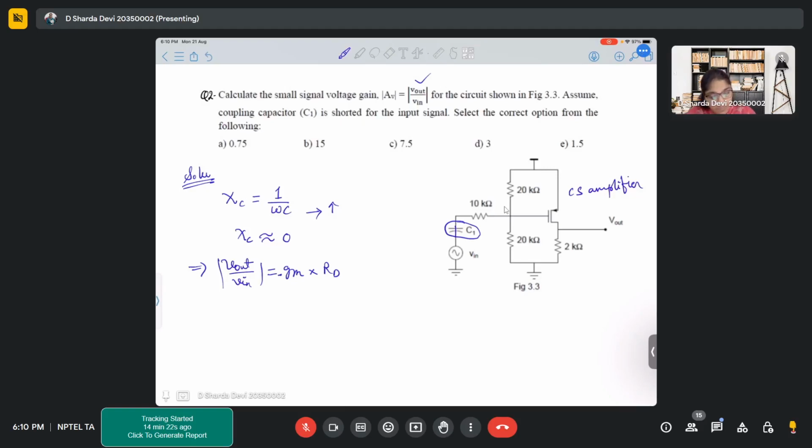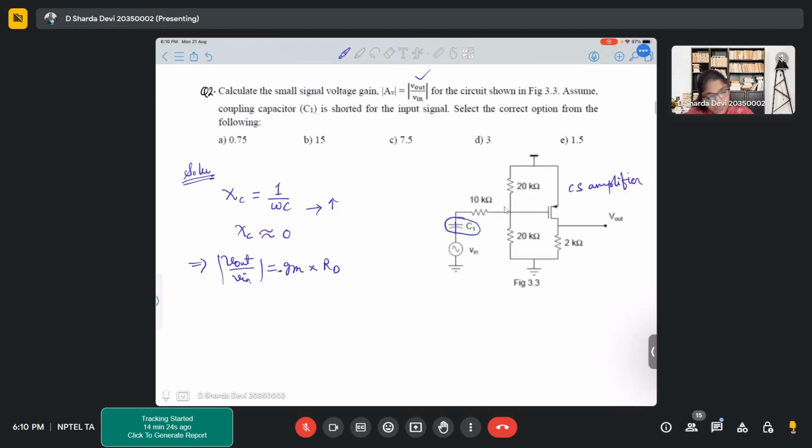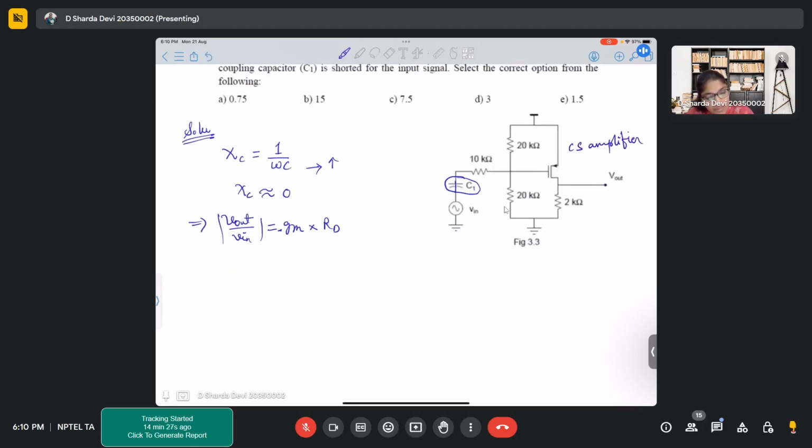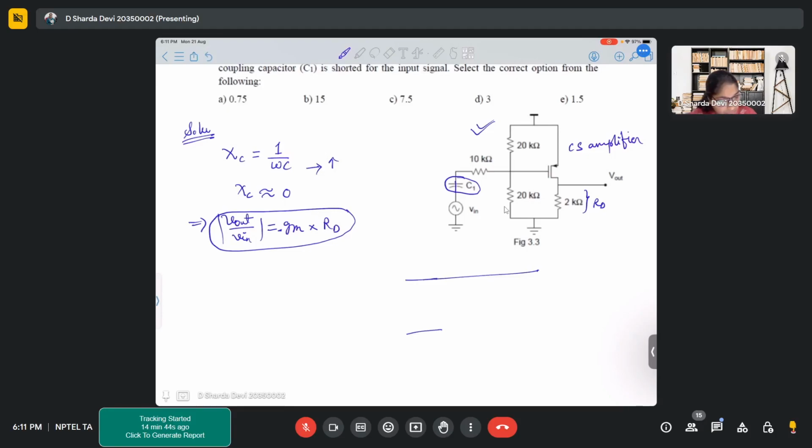Now, will it be simply gm into RD for this particular circuit, where this is RD? First of all, let's draw the small signal model: source, gate, drain. The gain would be gm into RD parallel rds.